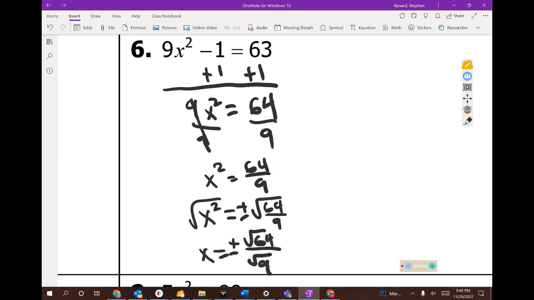And as we do square roots and as we move through the rest of the year, I really want you guys focused on identifying up to like 12 or 13, really, the perfect squares. 1 squared is 1, 2 squared is 4, 3, 9, 4, 16, 5, 25, 6, 36, 7, 49, 8, 64, 9, 81, 10, 100, 11, 121, 12, 144, 13, 169, 14 I believe is 196, but I have to go and double check on that.